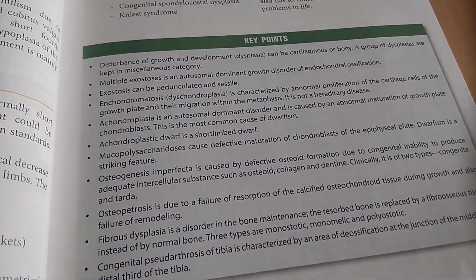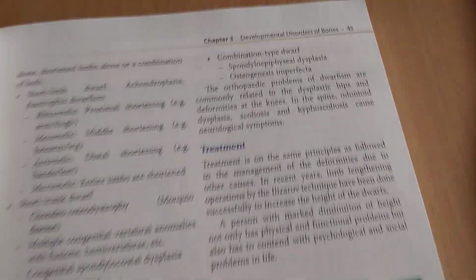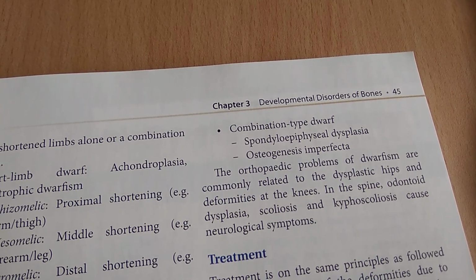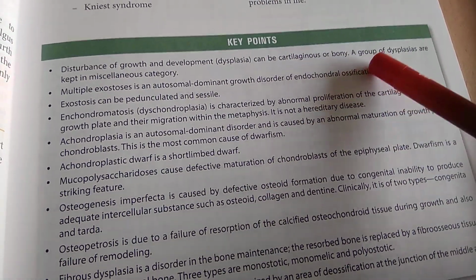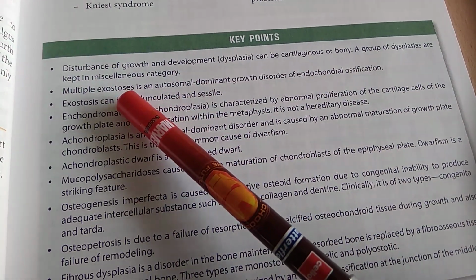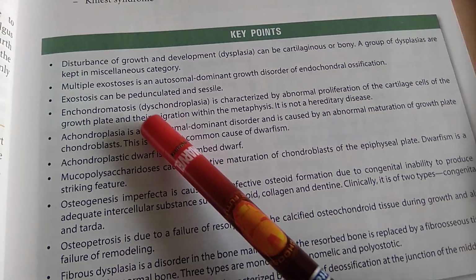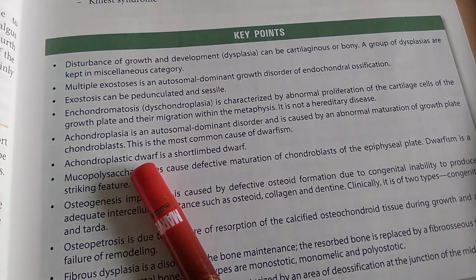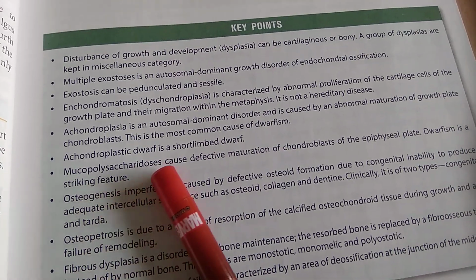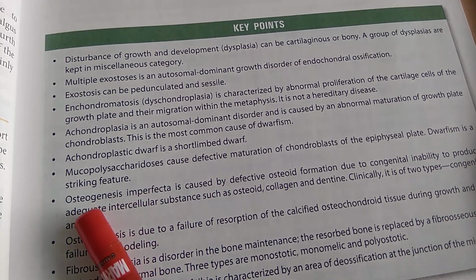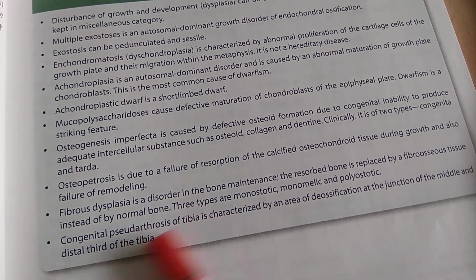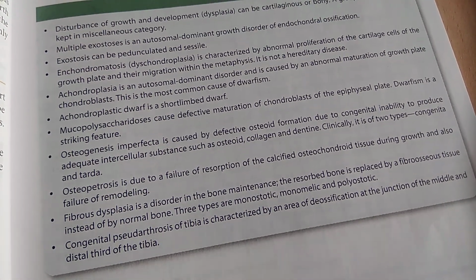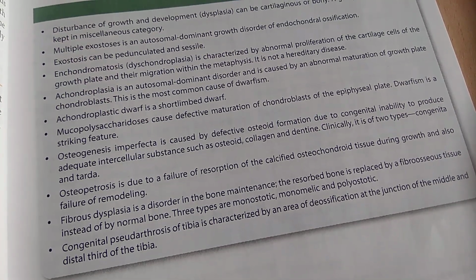Wait. See, look at this chapter. This is developmental disorders of bone. So in developmental disorders of bone, they've given you the key points. So what are they talking about here? Dysplasias, multiple exostosis, enchondromatosis, achondroplastic dwarf, mucopolysaccharidosis, osteogenesis imperfecta, etc., osteoporosis, fibrous dysplasia, congenital pseudarthrosis of tibia.